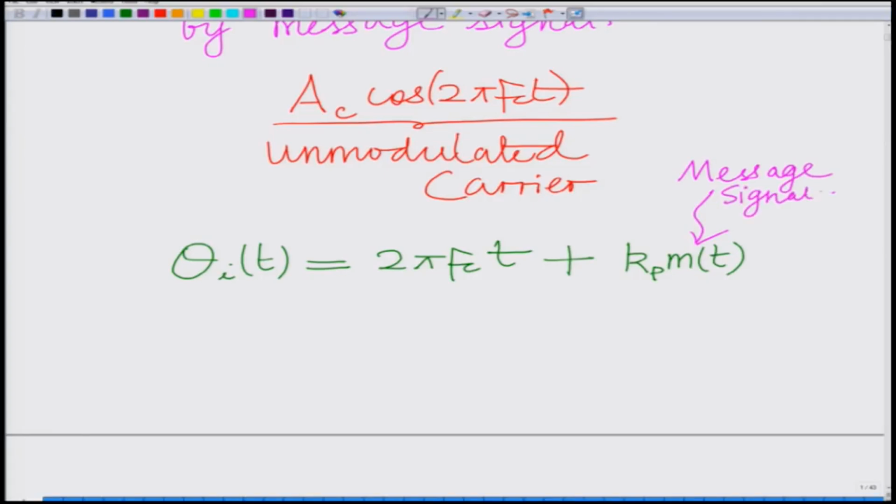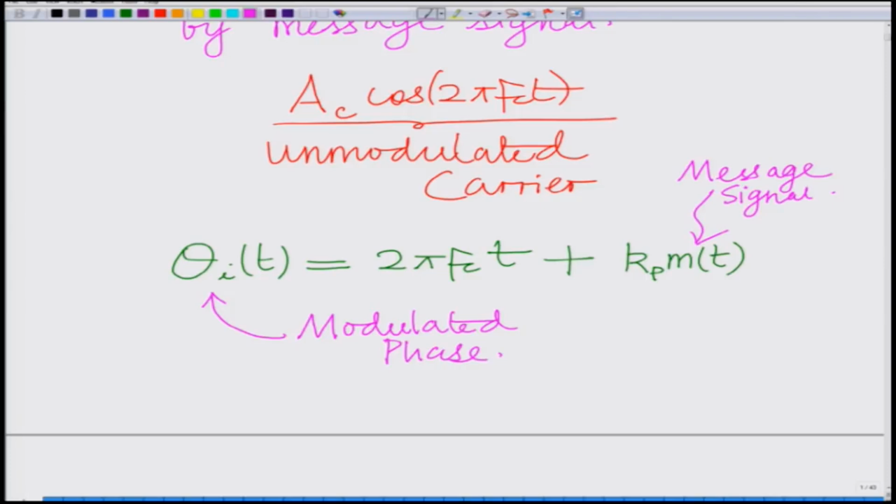So, this is theta_i(t), the modulated phase. The phase of the modulated signal is 2 pi f_c t plus k_p times m(t). You can see the phase is modulated by the message signal m(t).